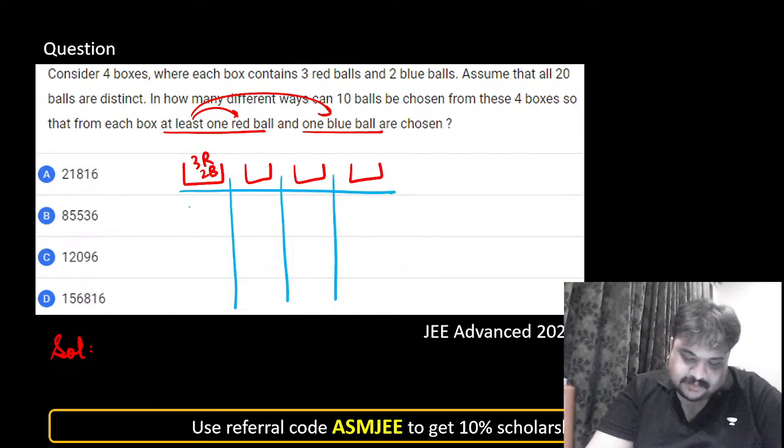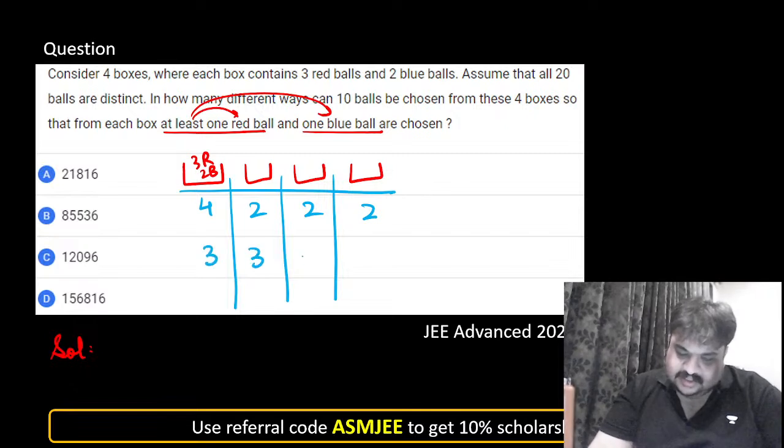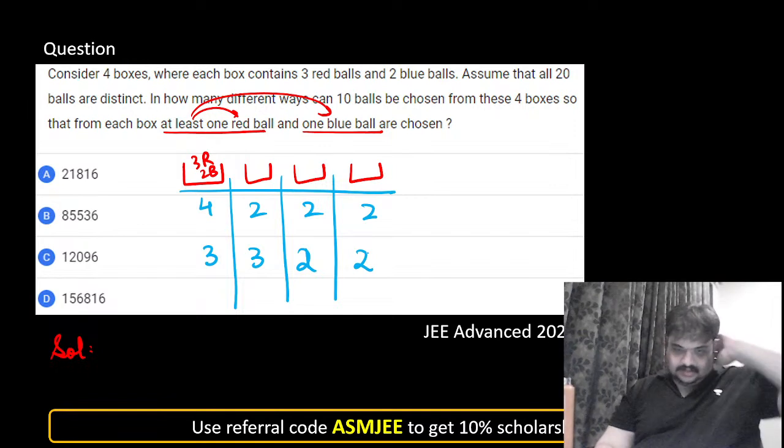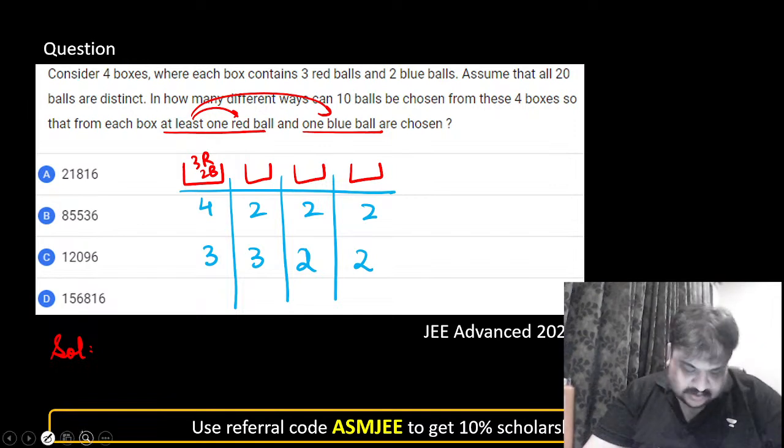We have to break red plus blue. Minimum 2 everybody needs. So 4, 2, 2, 2, and 3, 3, 1, 2, 2. These are the 2 cases possible. Only these 2 cases are possible.